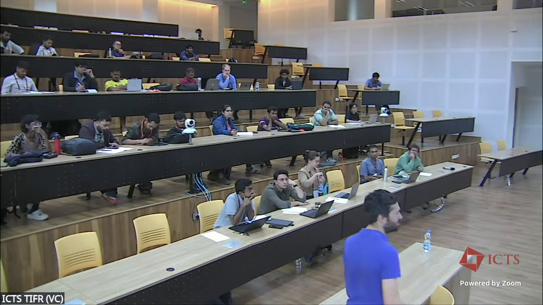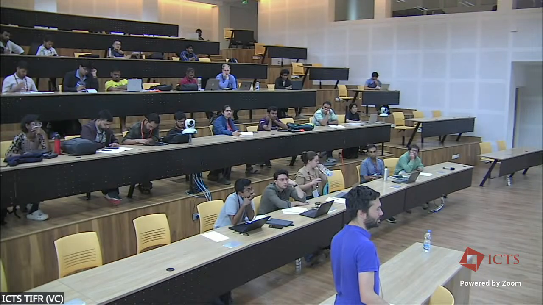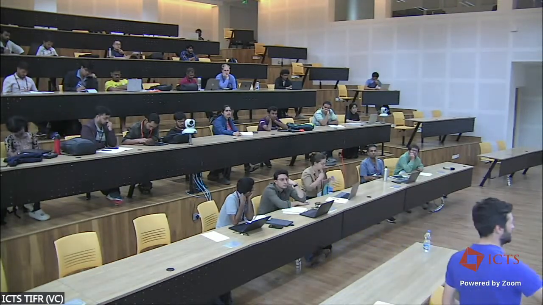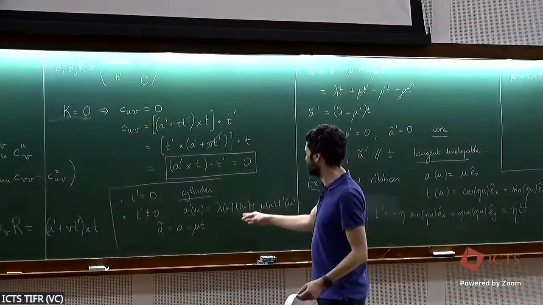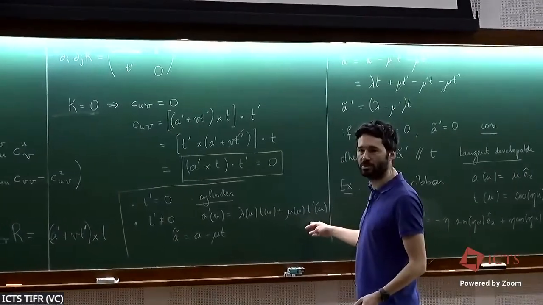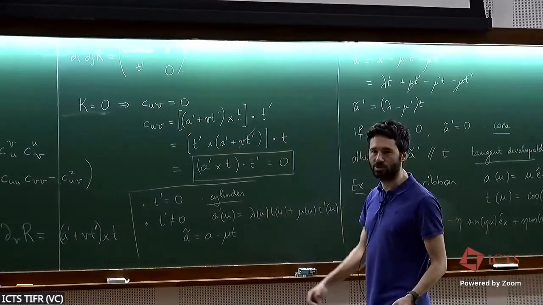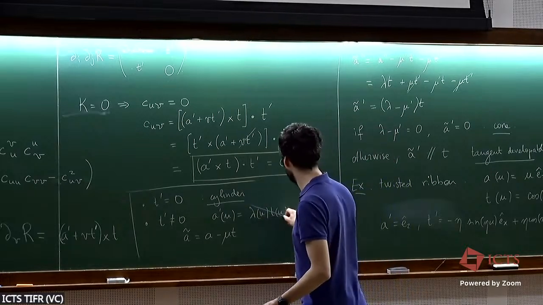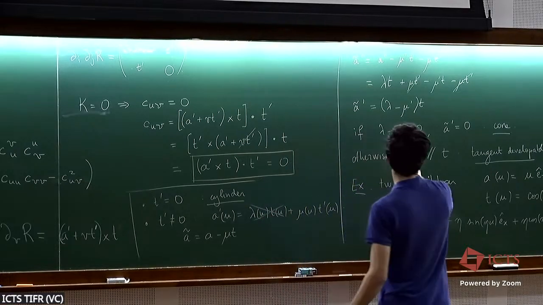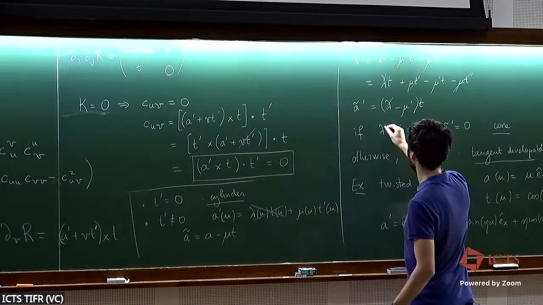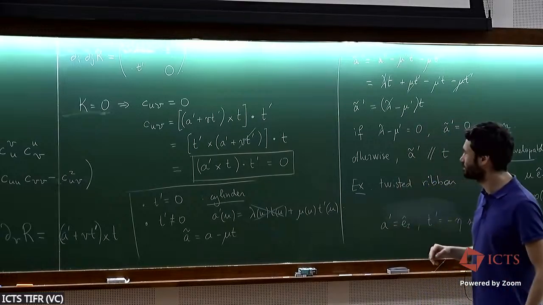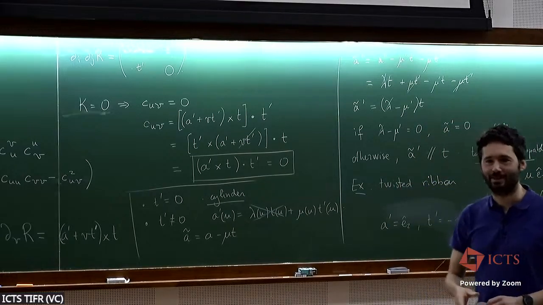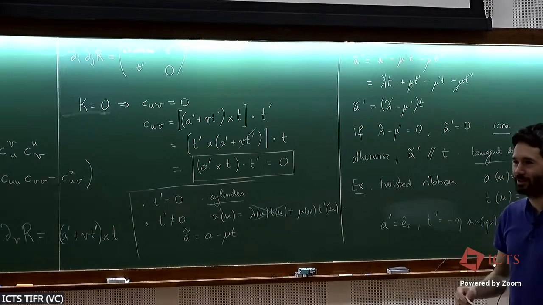If I take the scalar product of this with t, and I say this to be 0, it imposes, since t prime is 0, that lambda should be 0. You're perfectly right. Thank you. Another thing to correct: you will see a new version of the notes on the everyday.